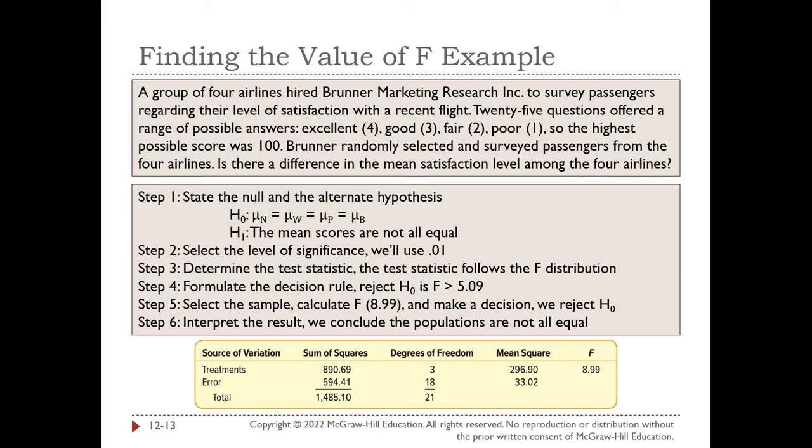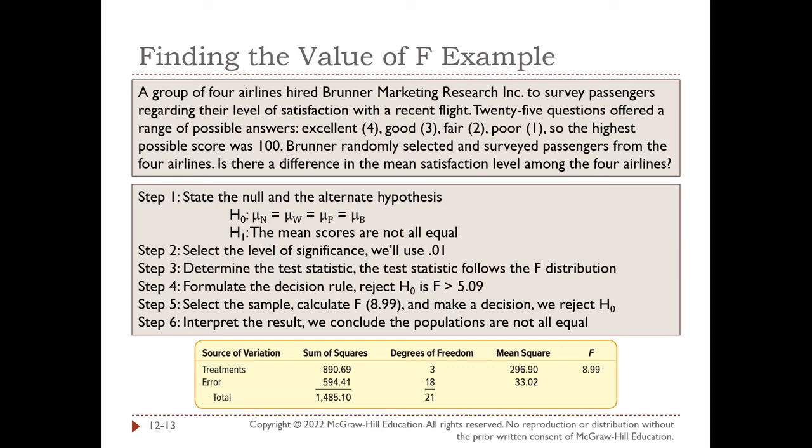Since there were 22 observations, 22 minus 4 is the number of observations minus treatments.